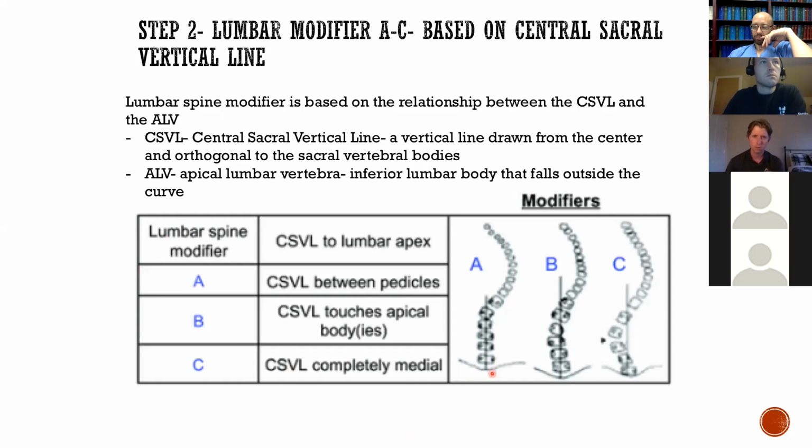If your CSVL crosses between the pedicles, your modifier is A. If it's just touching, it's B. And if it's completely out here, it's C. So this is the bottom lumbar vertebra of your curve.